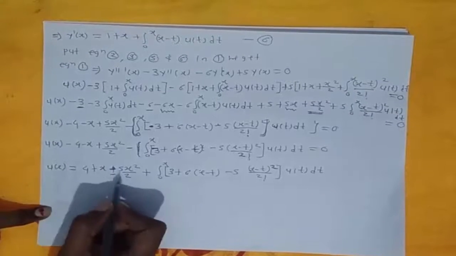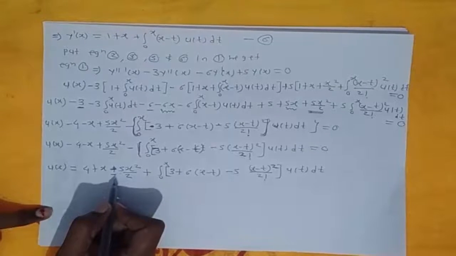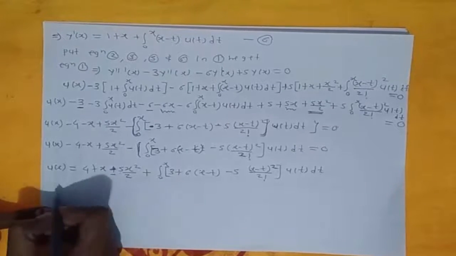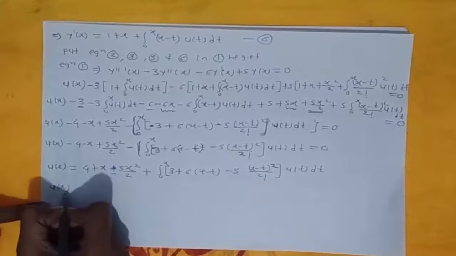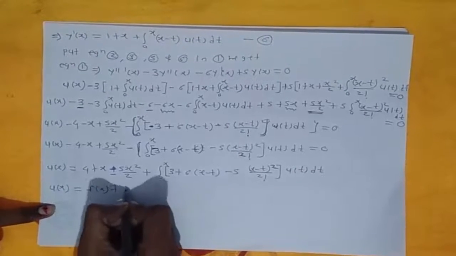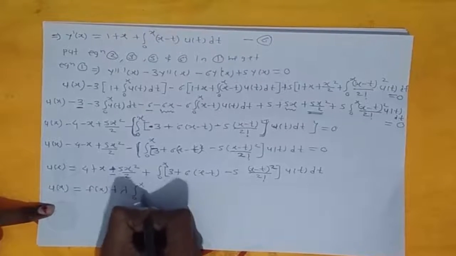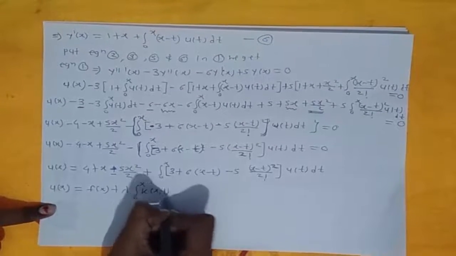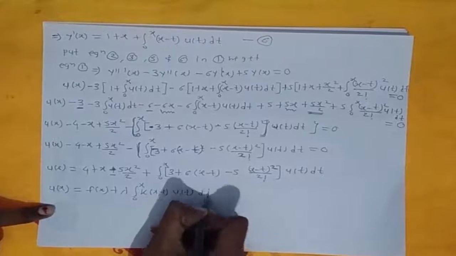Then we get this is the Volterra integral equation of second kind, because in general we write the equation as u of x is equal to f of x plus lambda integration from 0 to x k of x,t into u of t dt.